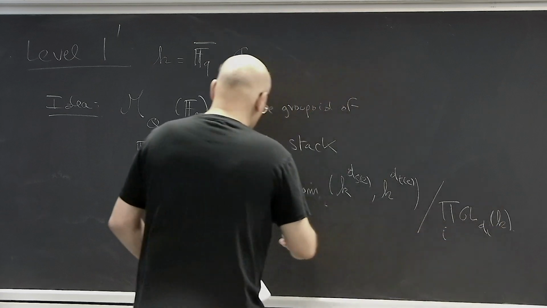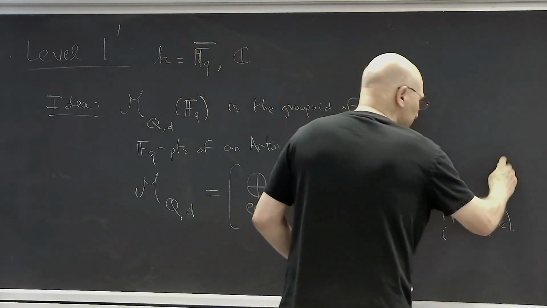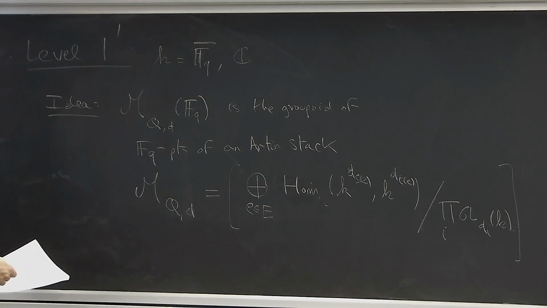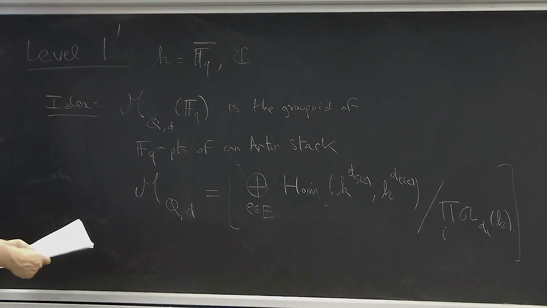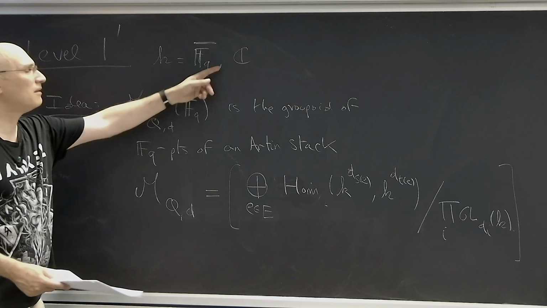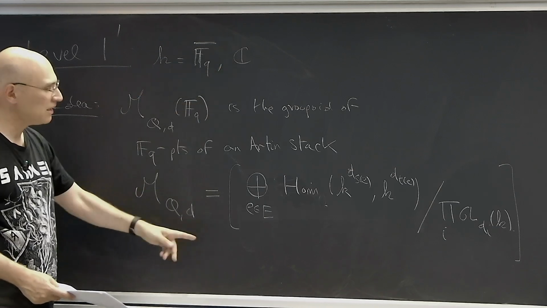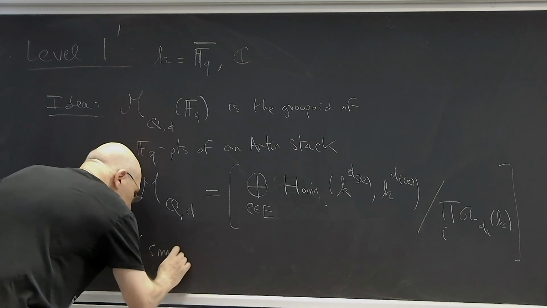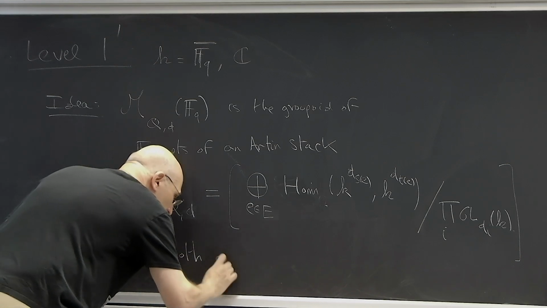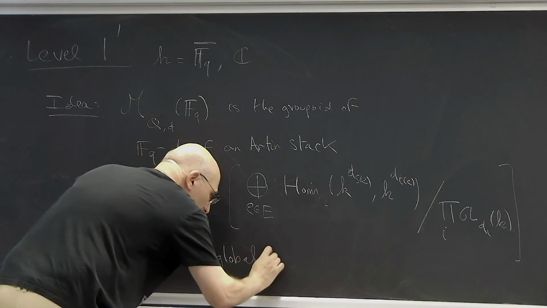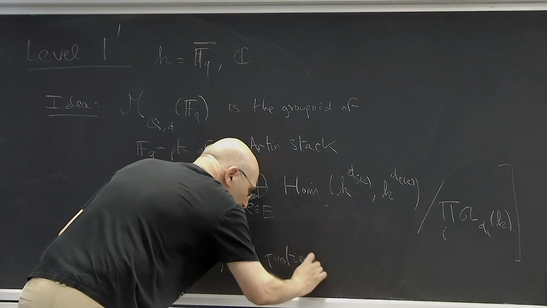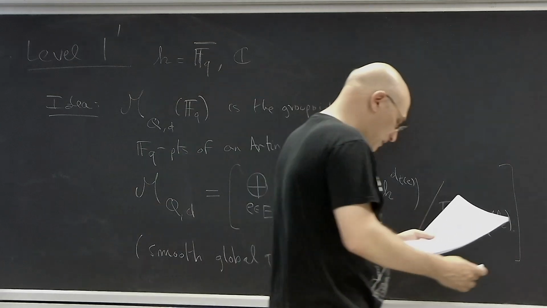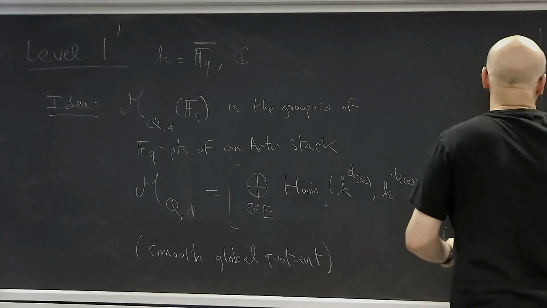So this is a quotient stack, and I will just need it actually work with C or FQ bar. But this is a global quotient stack, so it's a smooth global quotient. Okay, and so we can use the function-sheaf correspondence.